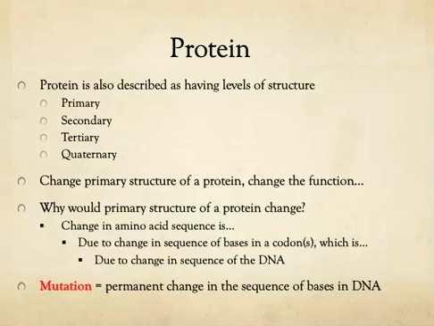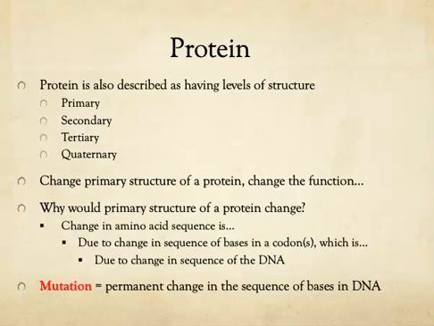It's that three-dimensional shape that allows each protein to do its own unique job, its own function within the cell. If we change the order of the amino acids in a protein, we will change how that protein is folded, and we will change its function.